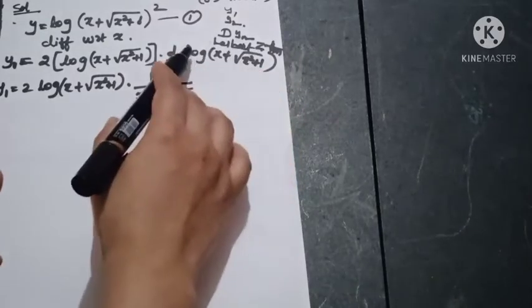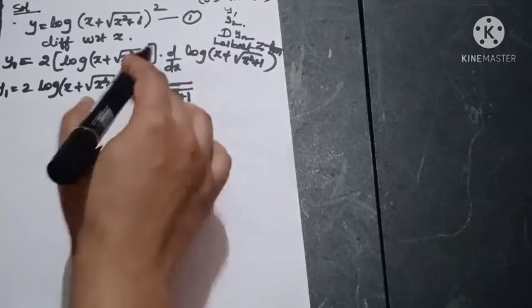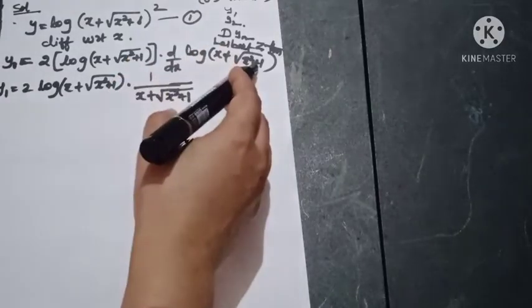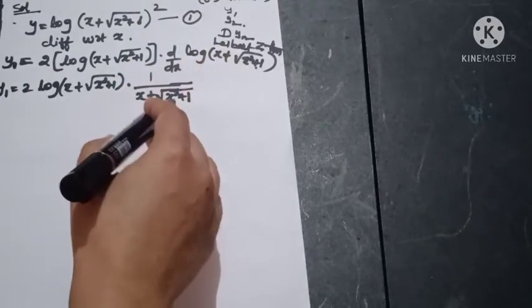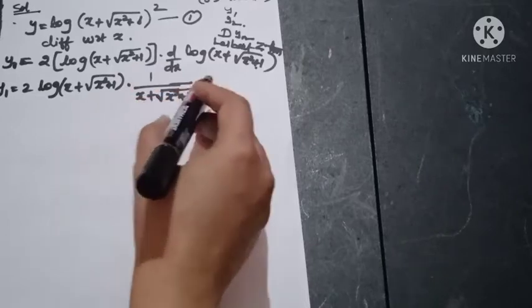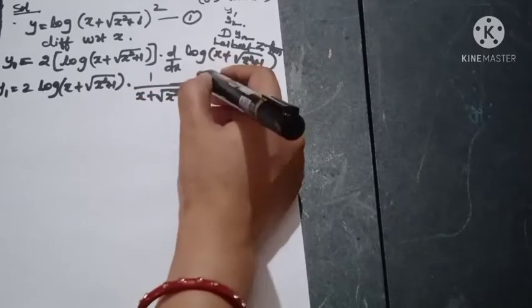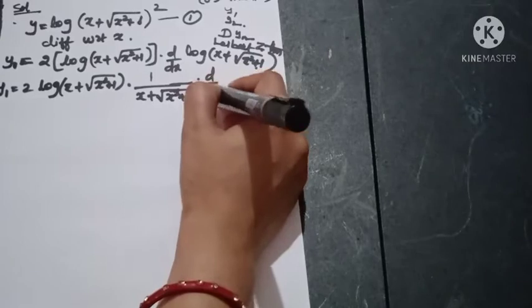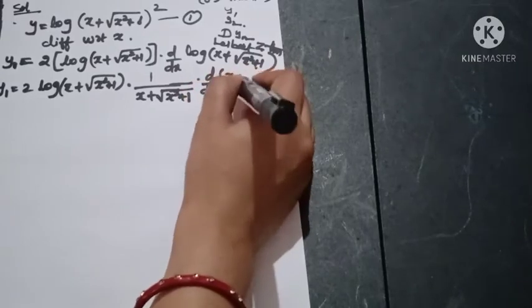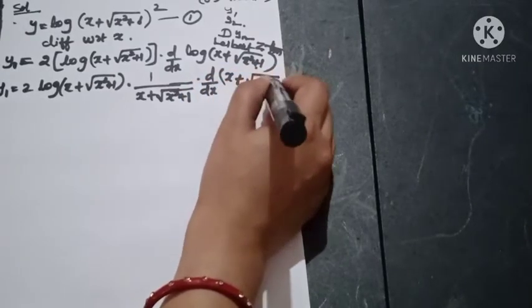Differentiation of log x is 1 by x. Whatever the function is, that only will come in the denominator. 1 by x plus square root of x square plus 1 into again the differentiation of x plus square root of x square plus 1.